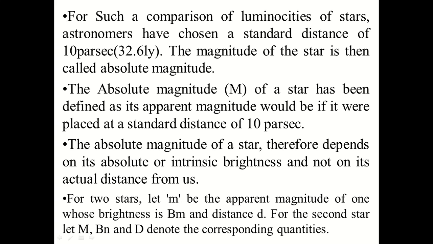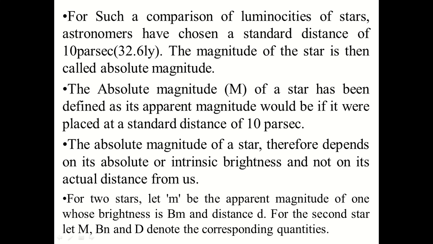That is, the brightness of the star when it is placed at 10 parsec is the absolute magnitude of the star. So, it does not depend on its distance from us, because all distances are 10 parsec, and it will give the actual luminosity or intrinsic brightness of the star.